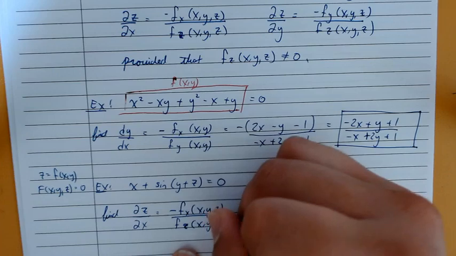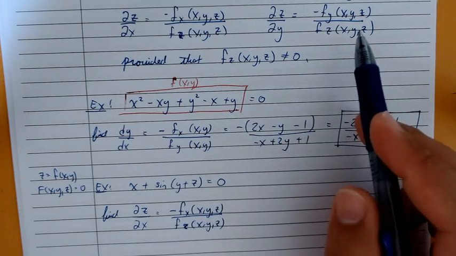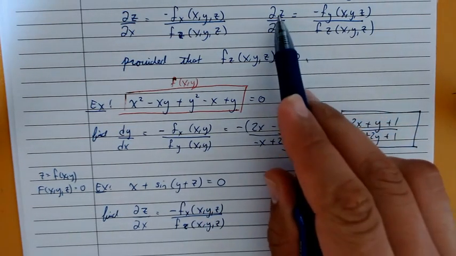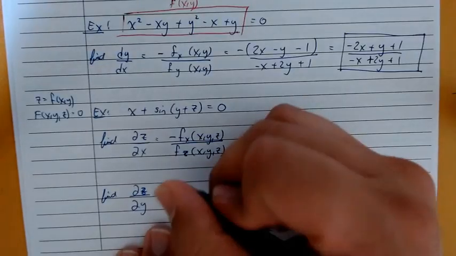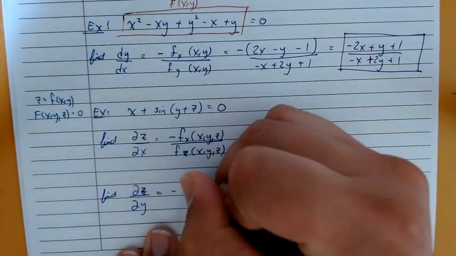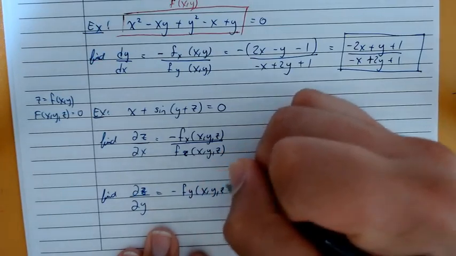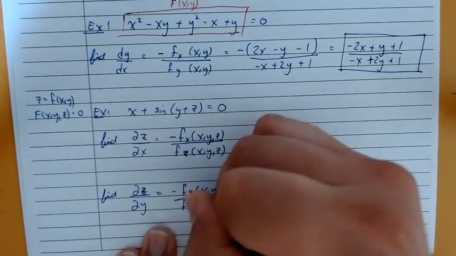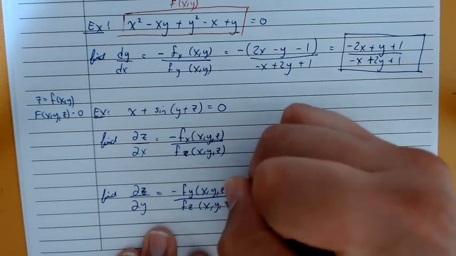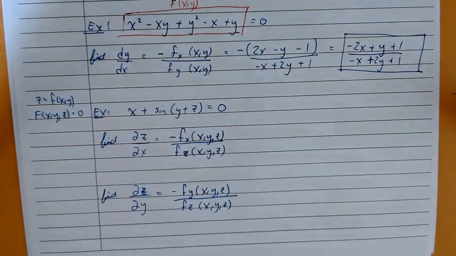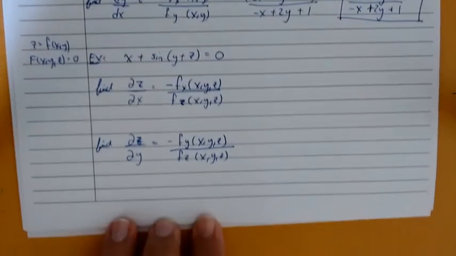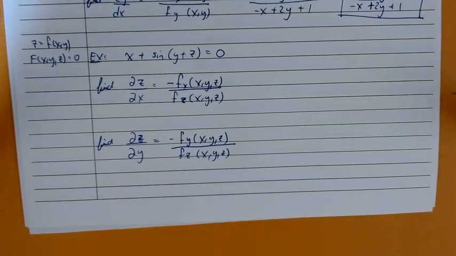And if I wanted the partial of z with respect to y, that would be negative f sub y over f sub z. So go ahead and give it a try. Pause the video, give yourself the time you need, and once you're done, unpause and we can confirm that together.